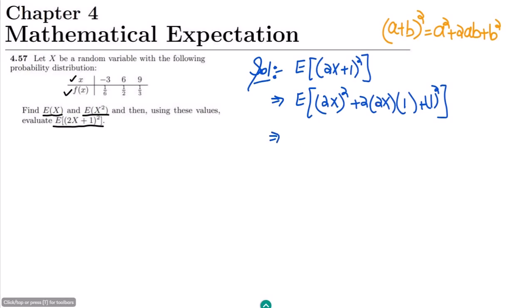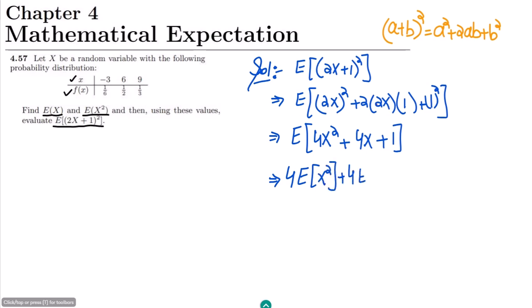So evaluating it, from here we would get 4x square, here we would have 4x, and here we would have 1. Okay, so using the previously obtained formulation of the expected value, we will very easily see that it would be 4 E of x square plus 4 E of x, and the expected value of 1 will be 1.